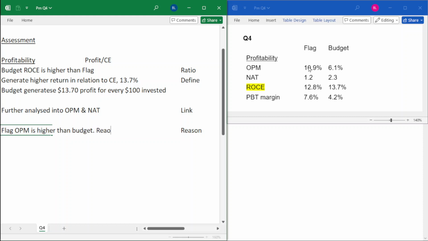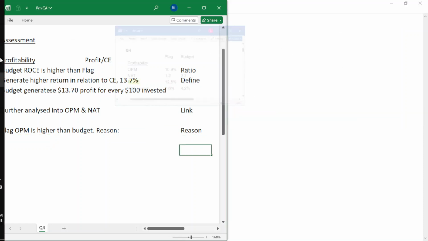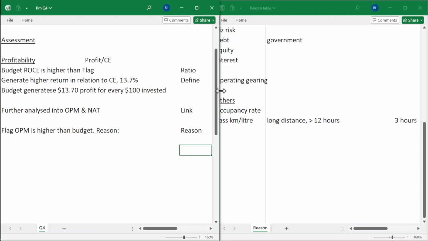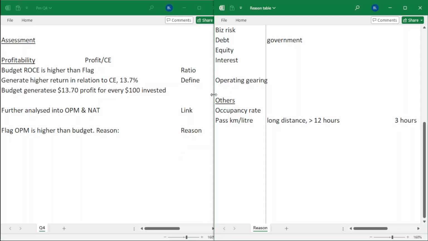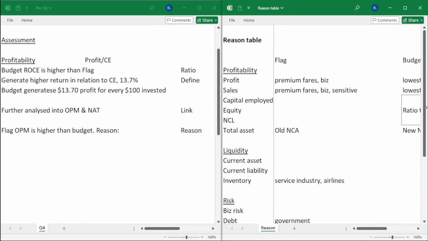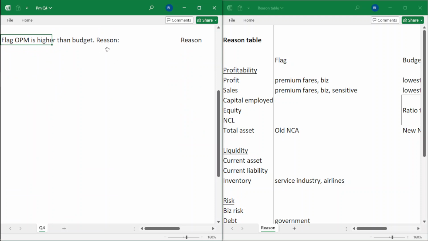The reason here will be, go to the reason table. The reason table is here. So it says flat OPM is higher than budget.